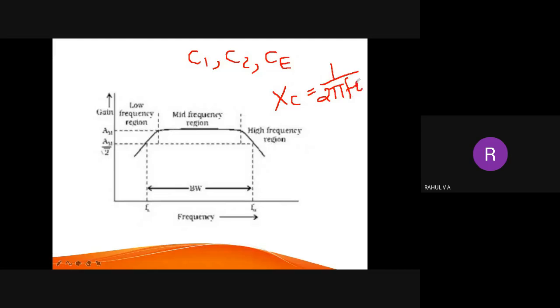That means when the frequency value is low, what will happen to reactance?